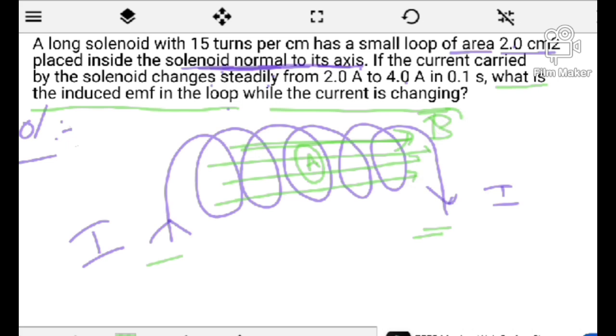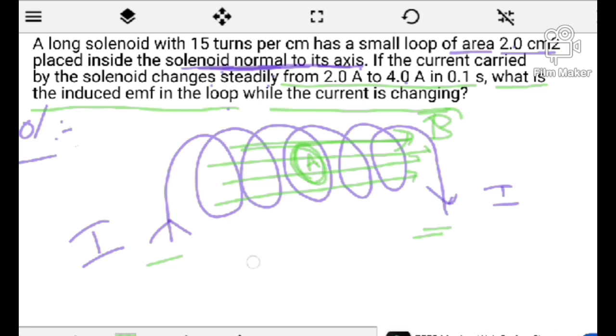As the current is changing with respect to time, the magnetic field generated by the solenoid inside it changes with respect to time, so the magnetic flux passing through the loop placed inside the solenoid will also change. This generates an EMF across the ends of the loop according to Faraday's law of electromagnetic induction.